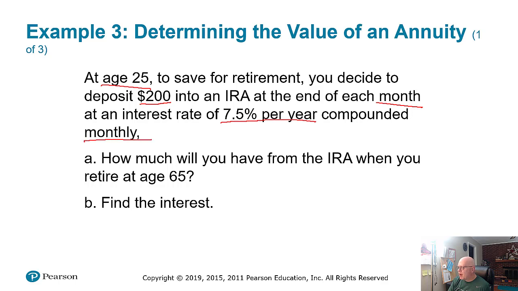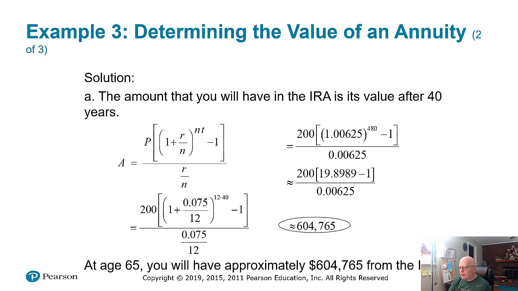How much will you have when you retire at 65, assuming you retire at 65, and then the interest? But you have to get this first. You can't get the interest directly. You have to get the annuity amount first.